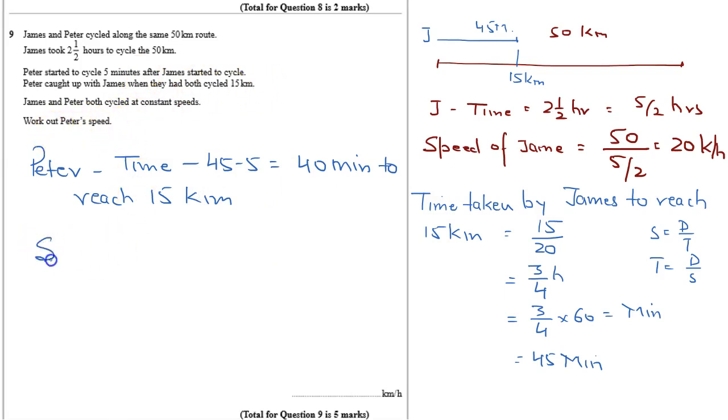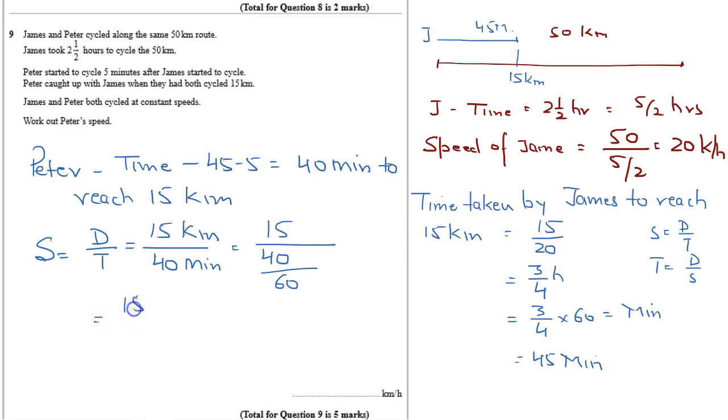So now we have to find the speed is equal to distance over time. So his distance is 15 kilometer and his time is 40 minutes. So 15 over 40. Now if we convert into hour, divide by 60.